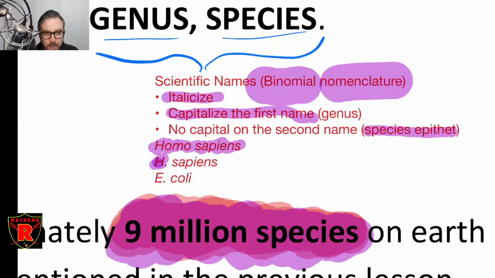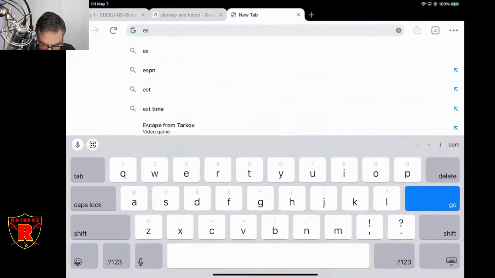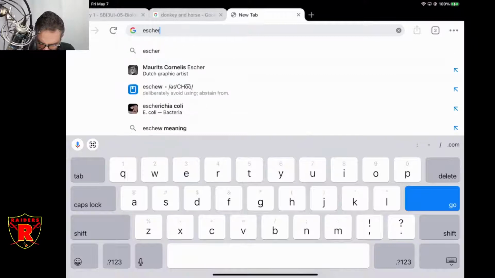For example, Escherichia coli is almost always shortened down to E. coli because nobody wants to spell Escherichia. In fact, if you asked me to spell Escherichia right now, I wouldn't be able to spell it properly. I'm going to try it. Escherichia.